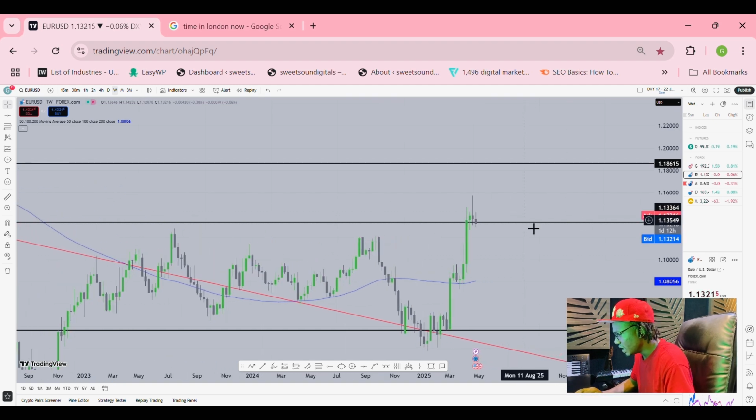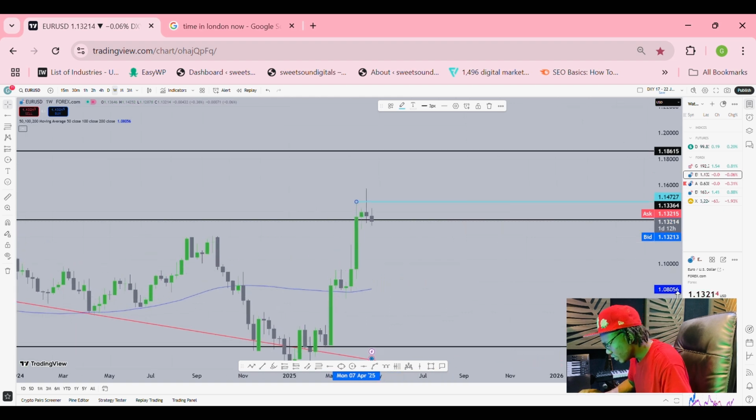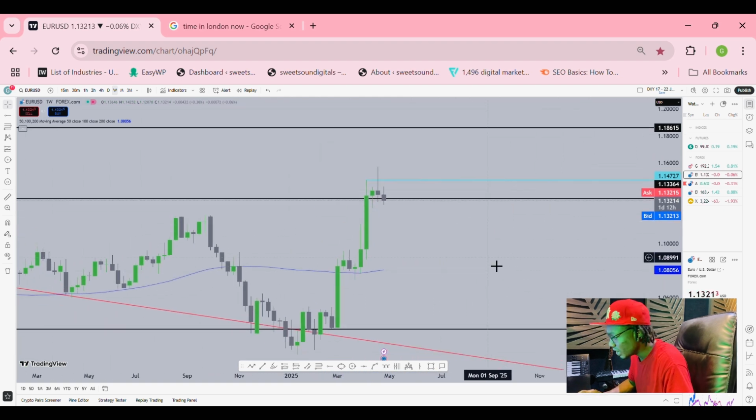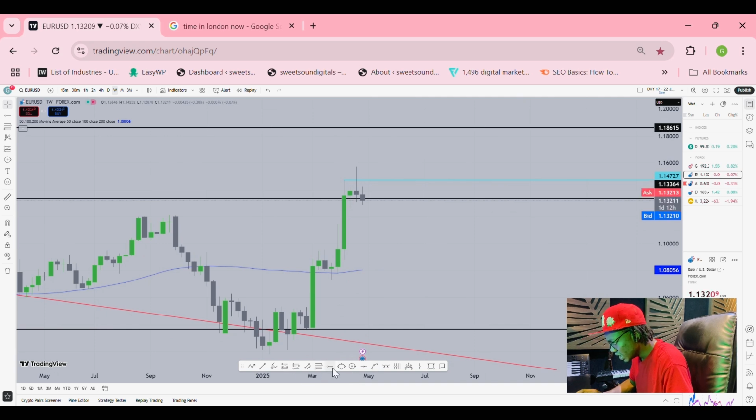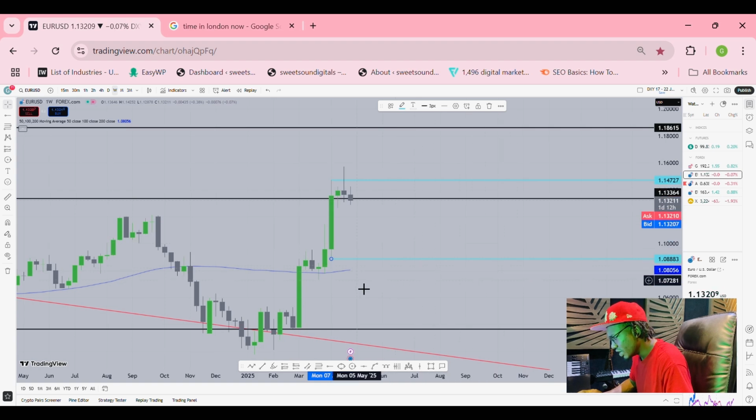Now let's see if there is a CRT candle manipulation already. Yes, there's a liquidity sweep which has resulted in a manipulation. So at least we're expecting the low of this candle.